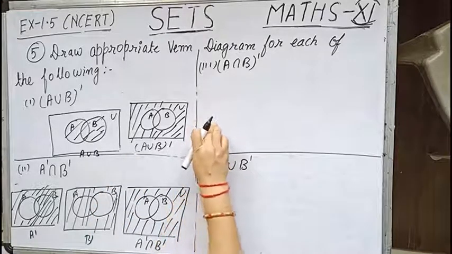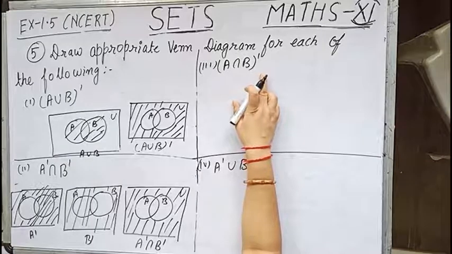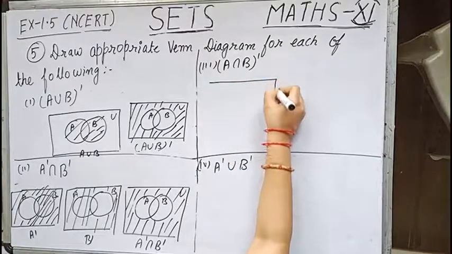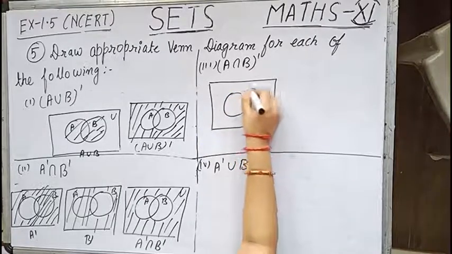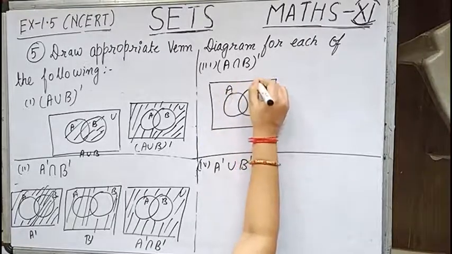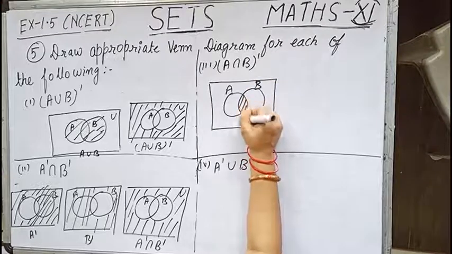Now let us proceed to the third, (A intersection B)'. Over here, this is A, this is B. So A intersection B is this portion.